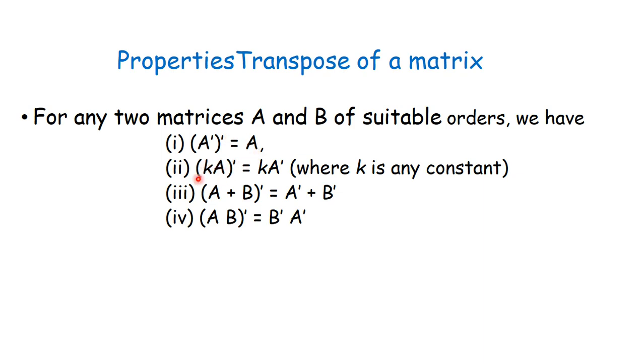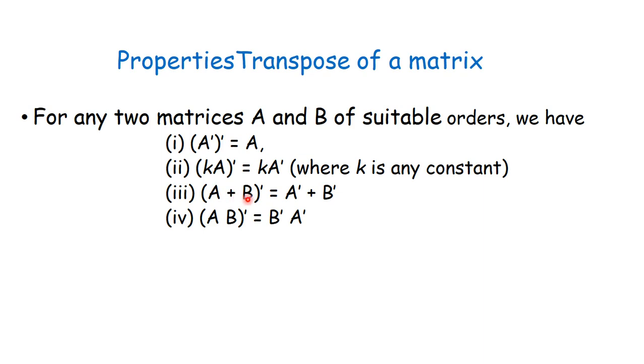The transpose of kA is equal to k into A dash, where k is any constant. And similarly, the transpose of the A plus B matrix is obtained by taking the sum of their transposes.